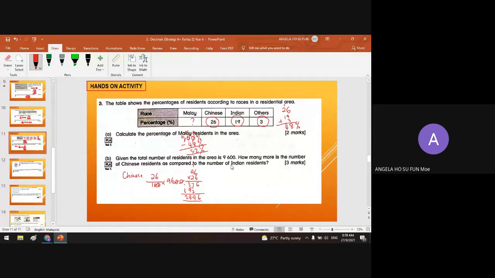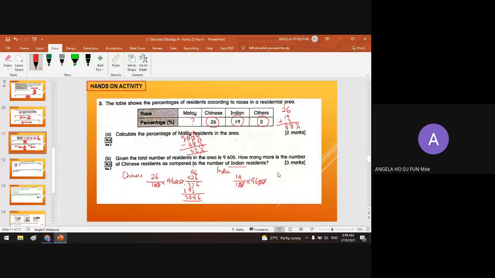How about Indian? Okay, now we are looking for Indian. How many percent? 19%. So find 19% of 9,600. Again, 20 cut with 20 here.